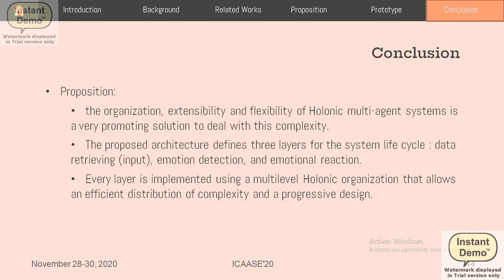We propose the use of Holonic multi-agent system due to their organization, extensibility, and flexibility. The proposed architecture defines 3 layers for the system lifecycle that are retrieving, emotion detection, and emotional reaction. Every layer is implemented using a multi-level Holonic organization that allows an efficient distribution of complexity and a progressive design.